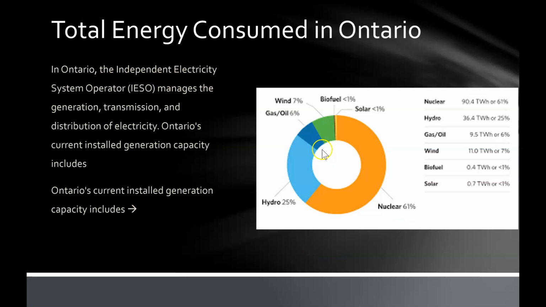Most of it, as you can see, is nuclear, which is 61%, then hydro 25%, gas and oil 6%, wind energy 7%, biofuel is really small, 1%, and solar is very small as well. Obviously, that's less than 1%.